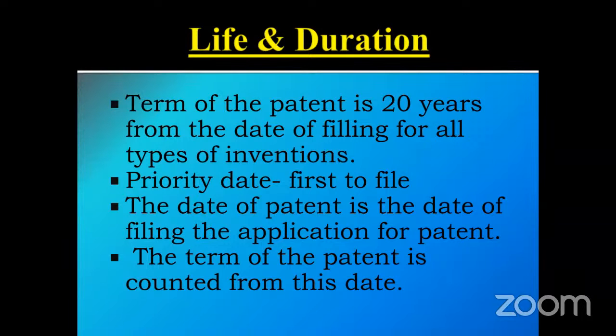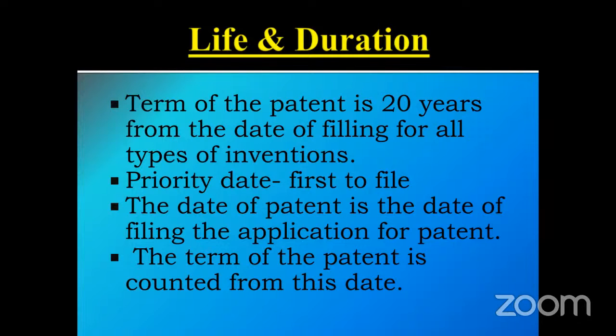See, if I have filed a patent in the year 2020, and in 2022 I am getting a grant or approval, that means the patent is granted by the patent office. It means that the 20 years duration will start from the date of filing.